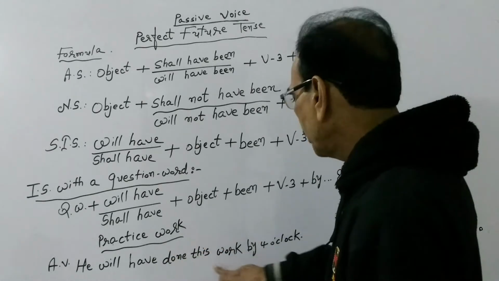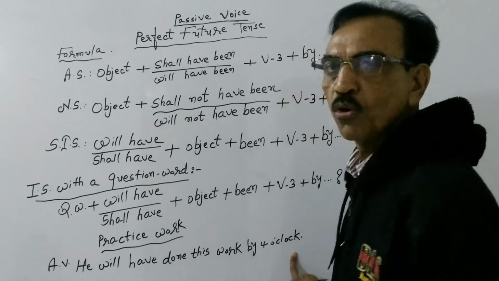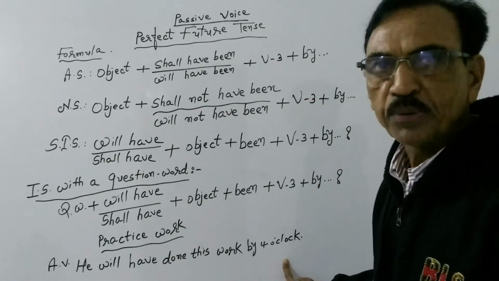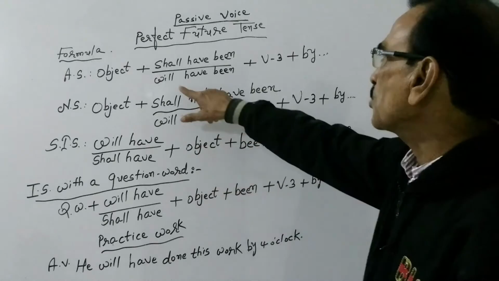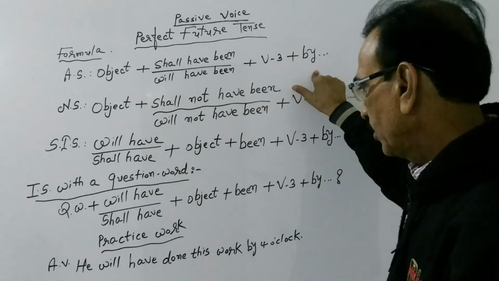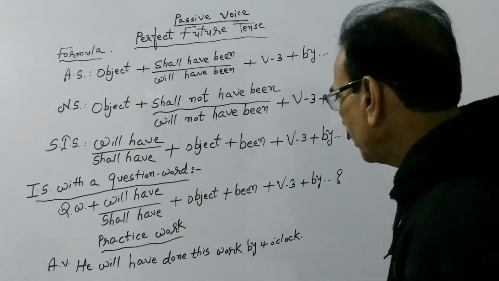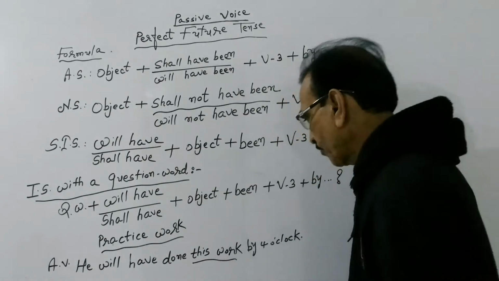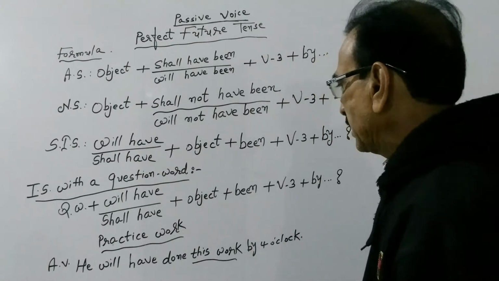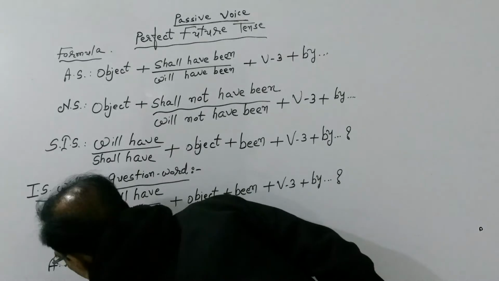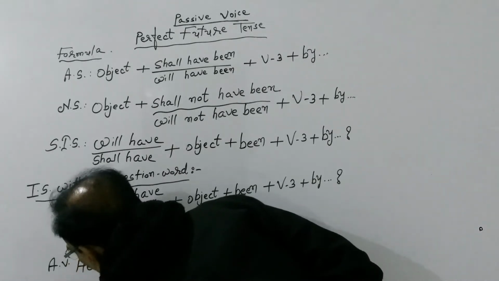He will have done this work by 4 o'clock. So, this is the affirmative sentence, friend. So, we have to use this formula: object plus will have been plus V3 plus by. So, let us see in this sentence, this work is an object. So, we have to write it in passive voice.